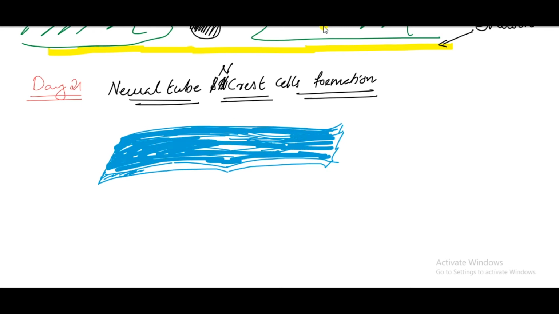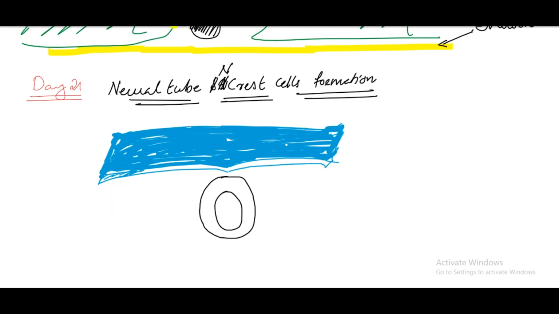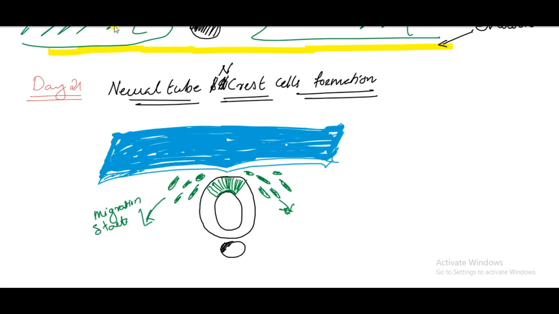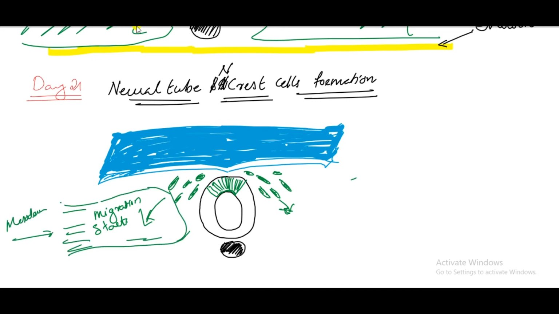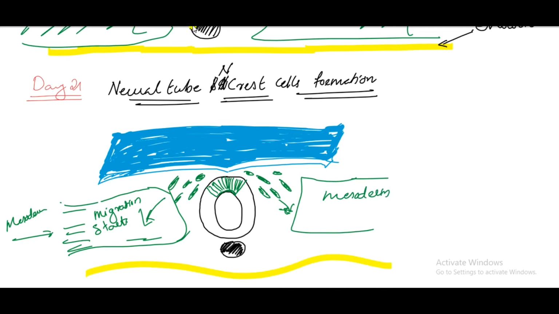You can see the epidermis is formed, and beneath that you can see the neural tube, and it is fused, and you can see the neural crest. It migrates to different parts of the body, for example the cranial region, trunk region, etc.